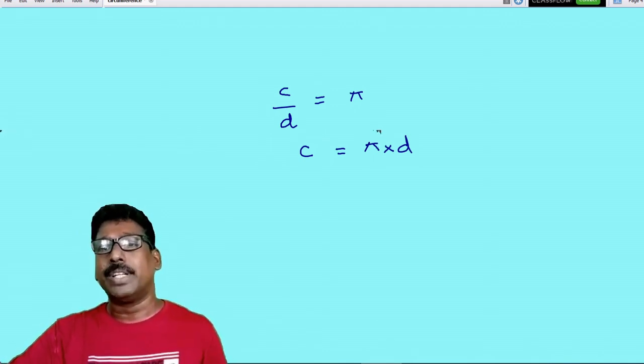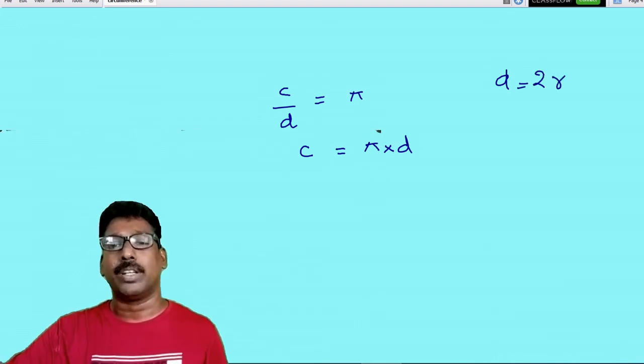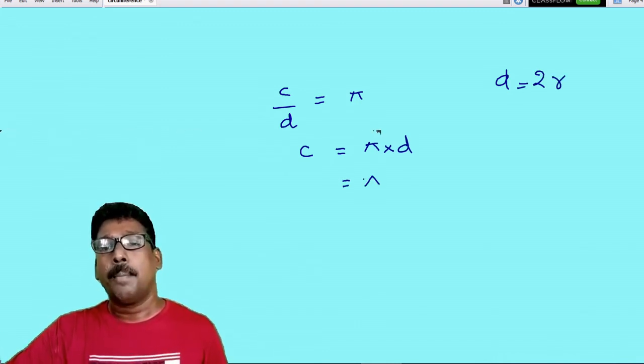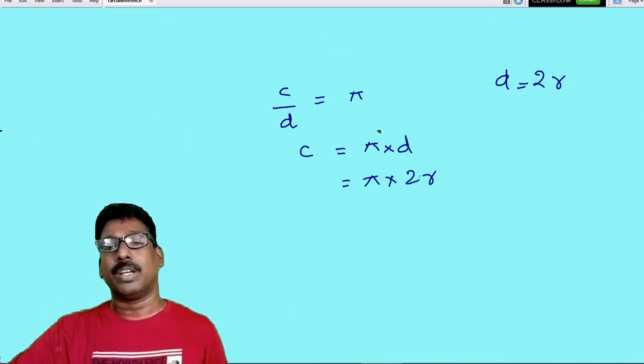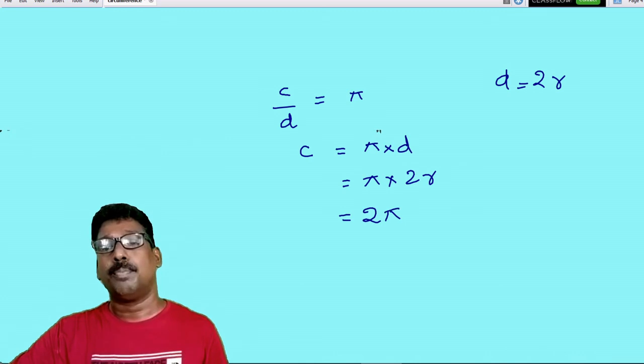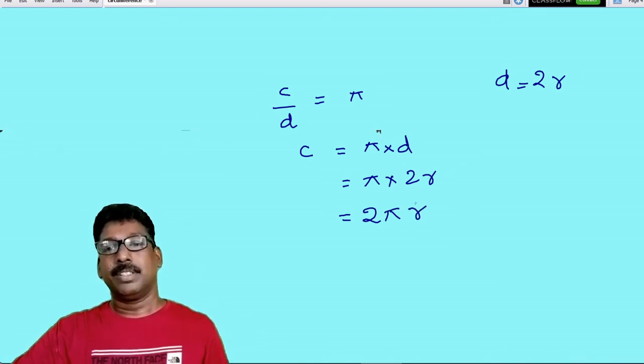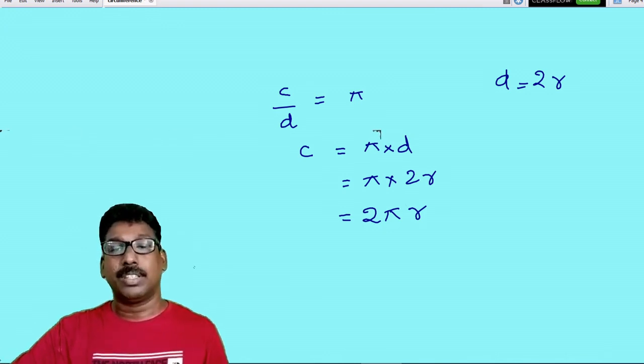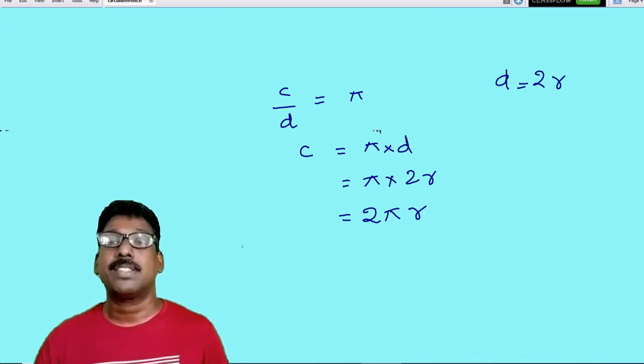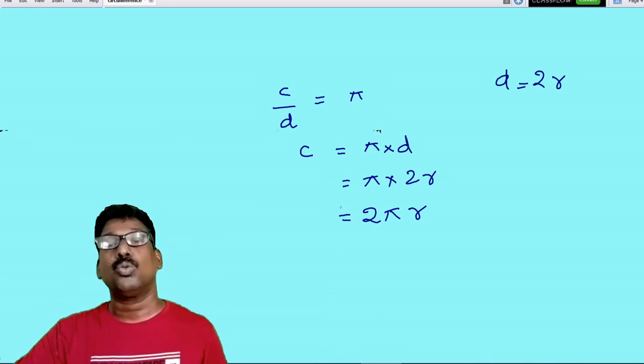Now D, you know, diameter is equal to 2 into radius, or 2r. So this is equal to pi into 2r, or you can write it as 2 pi r.